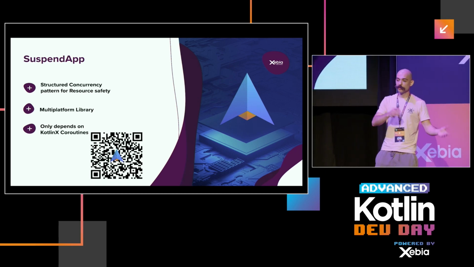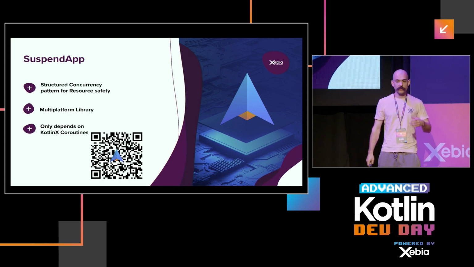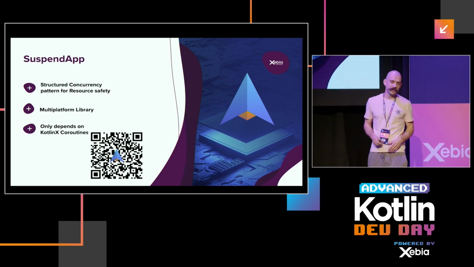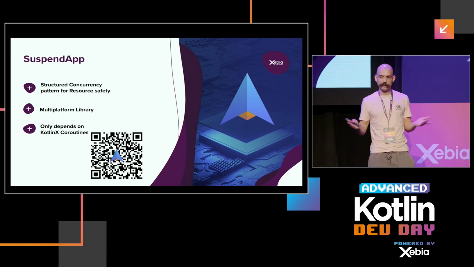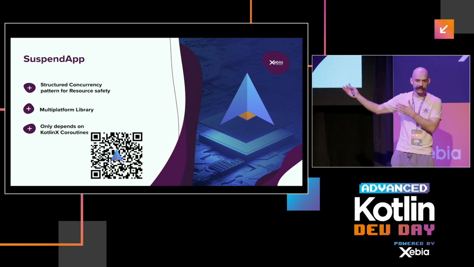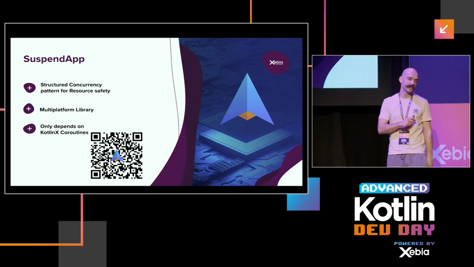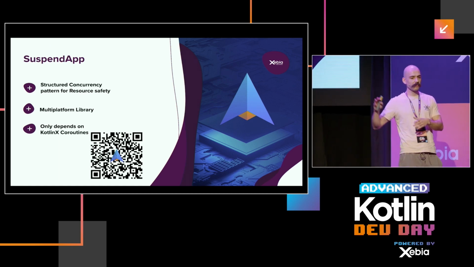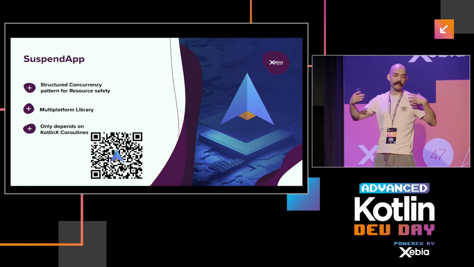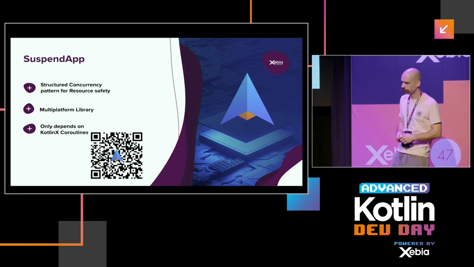So you can not only use it on the JVM, but you can also use it on macOS, Linux, Windows, Node.js, of course not in the browser or on Android because that would not make a lot of sense. So we love Kotlin Multiplatform, great. What is also interesting about this library is that it only depends on kotlinx.coroutines. So you can start using this library today without having to rely on any of the other things that you find in the Arrow organization.